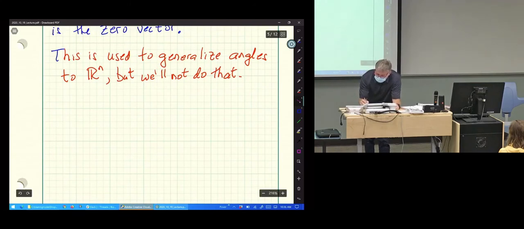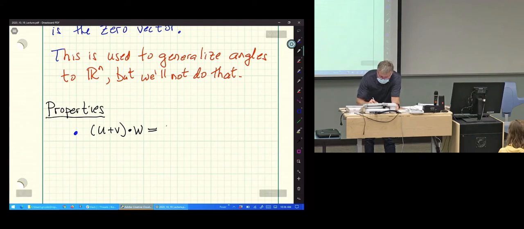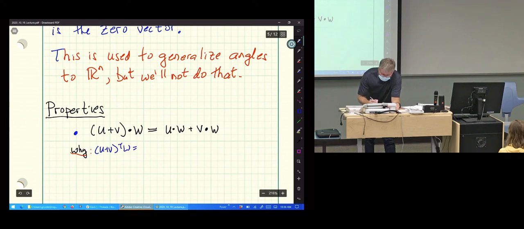But anyway, that's the dot product, U transpose V. Some simple properties that are useful. If I do U plus V dot W, it's just U dot W plus V dot W. Why? Look, that's U transpose plus V transpose times W, and you know that when you multiply matrices, it adds.